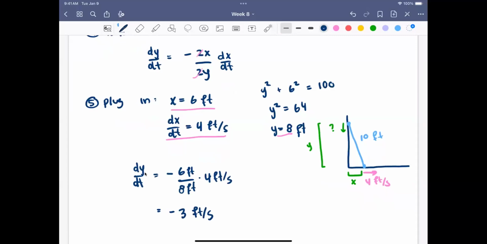Does it make sense that we got a negative number? Yeah, because this height is decreasing, right? So that tells me that I should get a negative number. If I got a positive number, that would mean that somehow the ladder was moving up the wall, which isn't the situation that we're in.